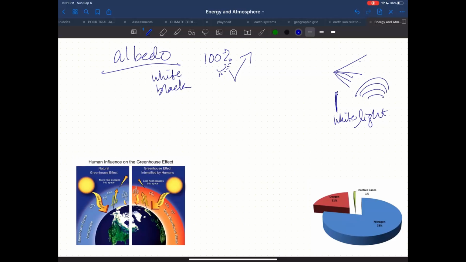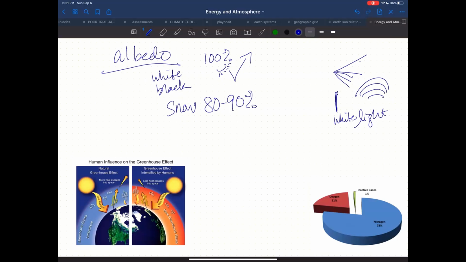So think of in our physical environment, what appears the brightest white? Okay, so you might say snow, ice, clouds, bright white clouds, and yes, those all have very high albedo. Snow, for example, has an albedo between 80 and 90%.